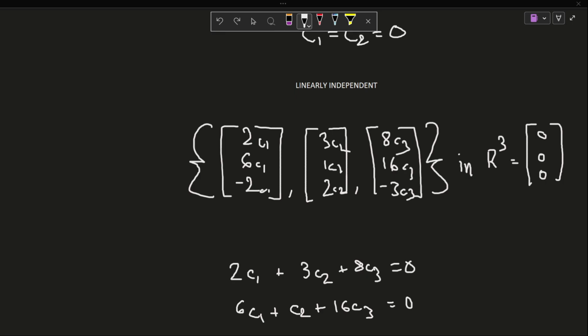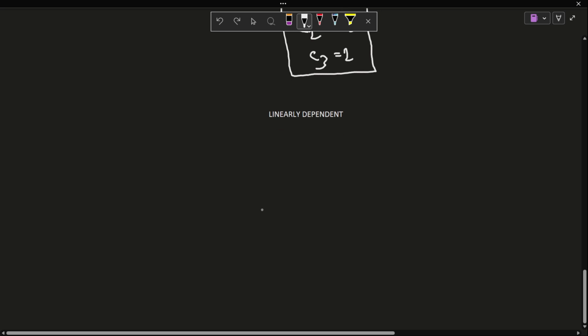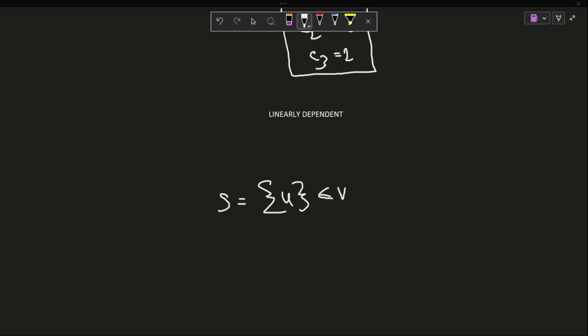And then for our second theorem, basically if you have a subset of your vector space V, and it only has a vector u, so we have a subset, and it's only u, and it belongs to V. We're going to call it S. So if S consists only of u, then it's linearly dependent if and only if u is equal to 0.